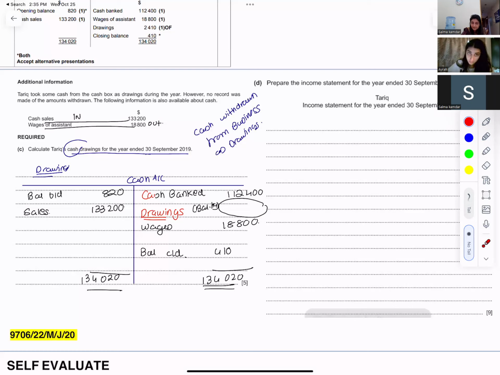What is your drawings? This cash drawings. You do 134,020 minus 410, minus 1,800. What is the amount that you're getting? One sec. 2,410. Yeah, 2,410.